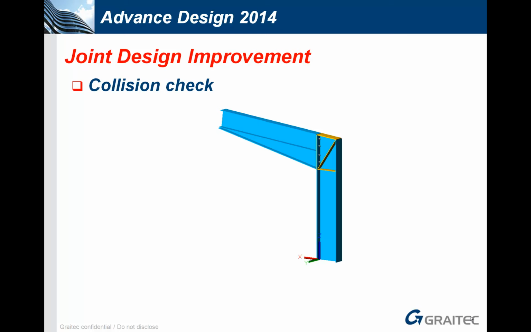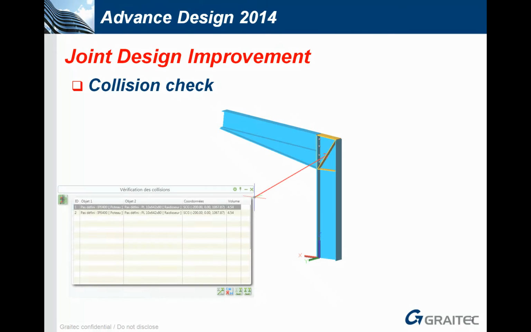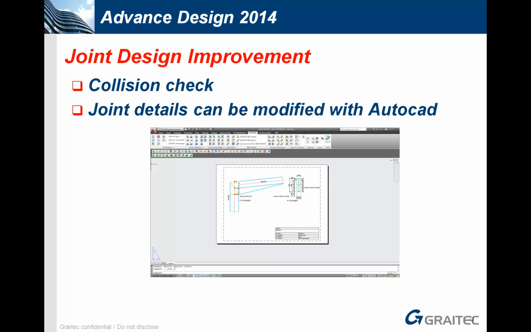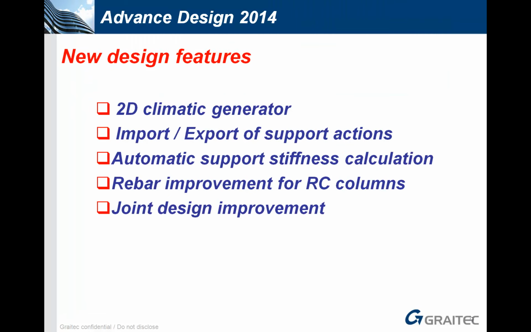If some bolts are a little bit too close to the element flange, these kinds of things, it would be able to point out the issue location. And we also implemented the ability to modify drawings from ADSC with only AutoCAD. So I'll show you that.